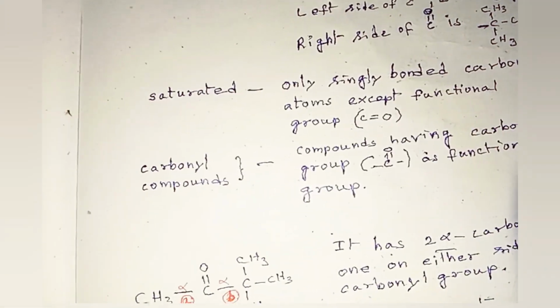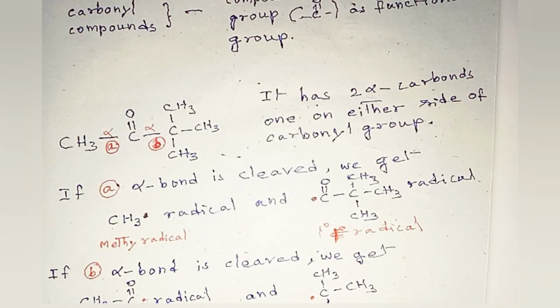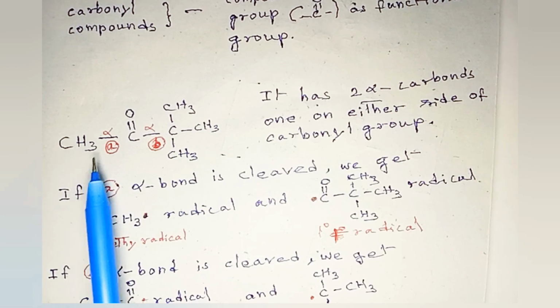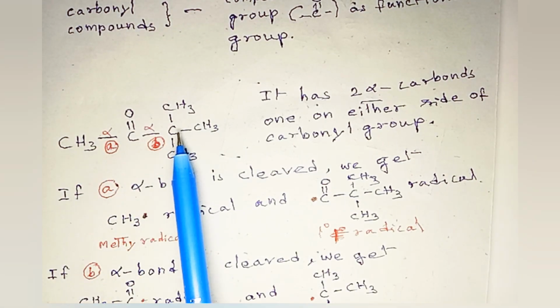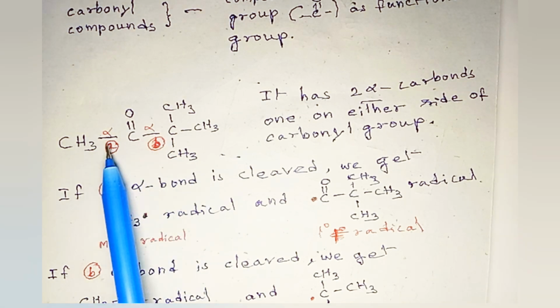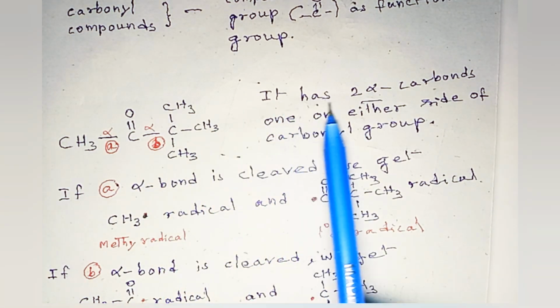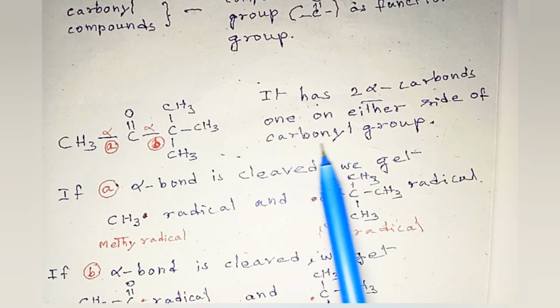Now let us see how many alpha bonds it has. CH3 C double bond O, C, CH3, CH3, CH3 has 2 alpha bonds, A and B. It has 2 alpha bonds, one on either side of the carbonyl group.